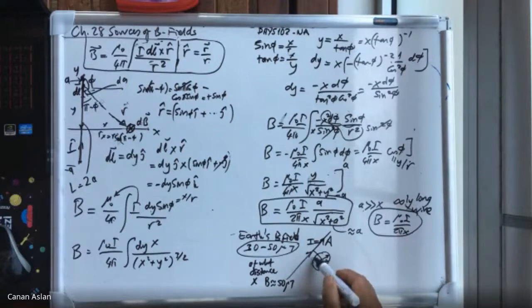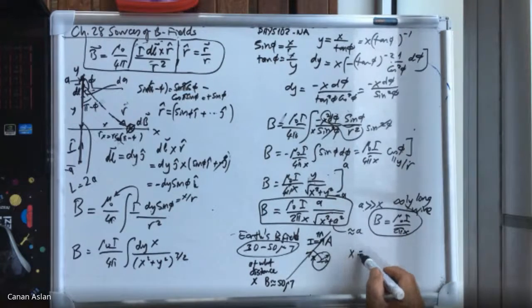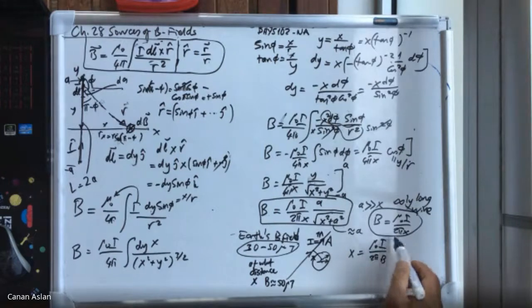So how close do you have to put this compass to the wire which carries 1 ampere, so that the magnetic field that this 1 ampere produces is exactly equal to 50 microtesla, so that it directly affects this compass? So by using this expression, x will be equal to mu 0 I over 2 pi B, because x goes there and B goes to the bottom.